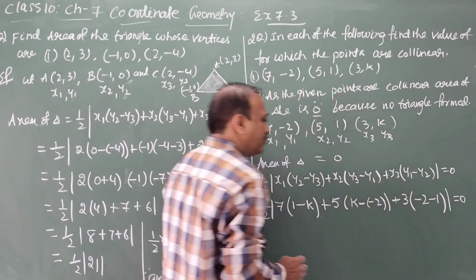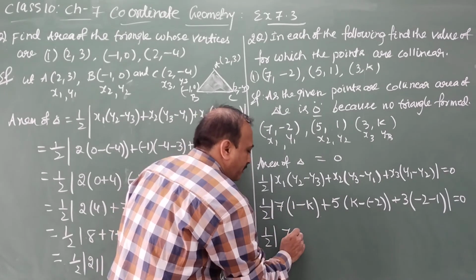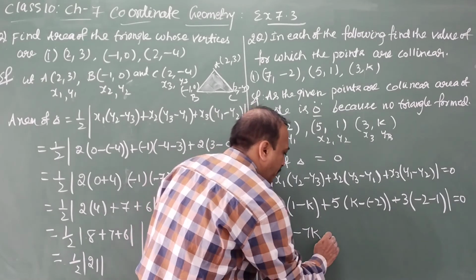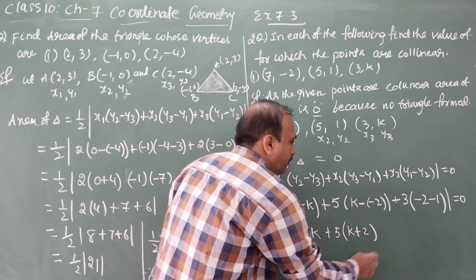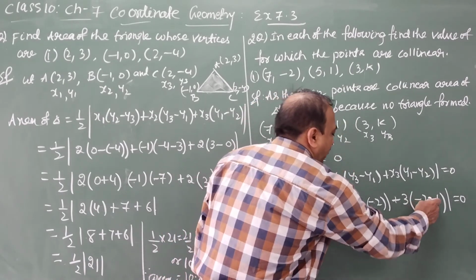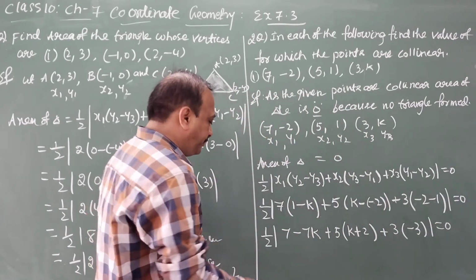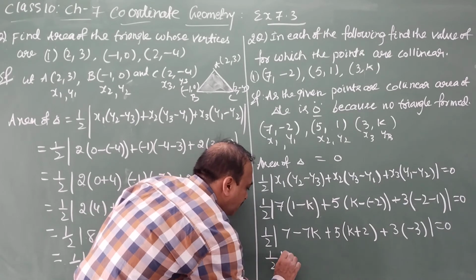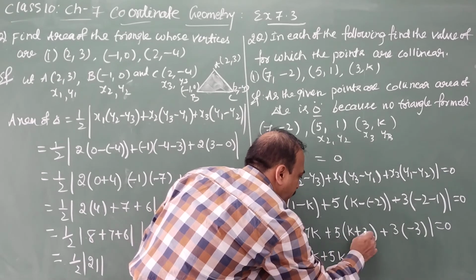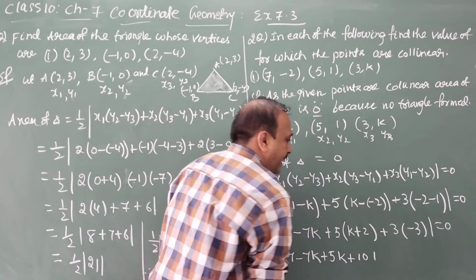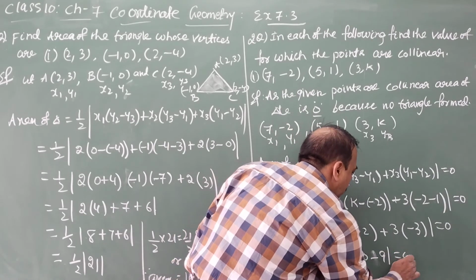is equal to 0. So half of 7 into 1 is 7, minus 7k, plus 5 into (k plus 2), plus 3 into (-2 minus 1) which is -3, equal to 0. Half modulus of 7 minus 7k plus 5k plus 10, then plus 3 into -3, that is -9, equal to 0.